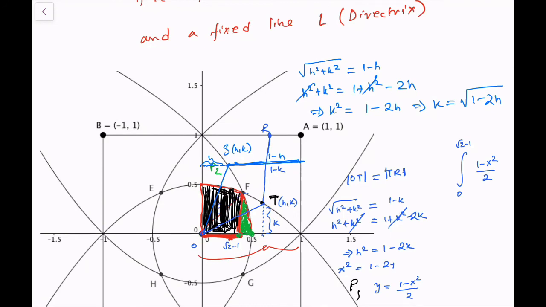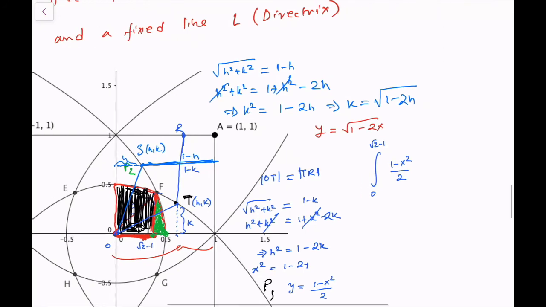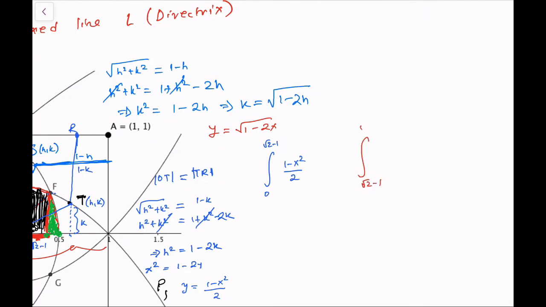So the equation would be y equals square root of 1 minus 2x. And we would want to integrate that from square root of 2 minus 1 to half. So if we add these two integrals and then multiply this entire thing by 4, we would get the desired result.